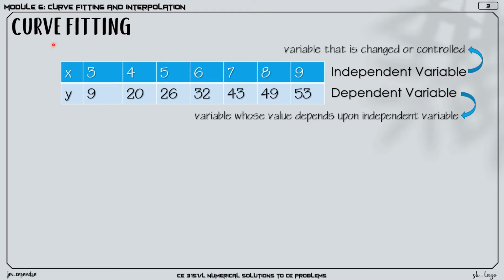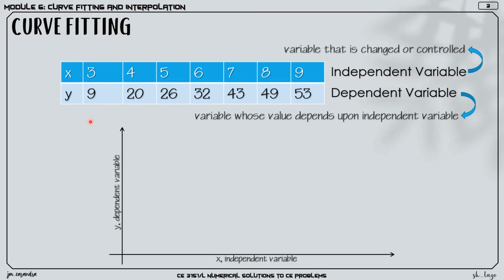So if we are going to graph now the given values for variables x and y, and we plot the different points on this graph, we could observe that the points on our graph would not normally form a straight line.